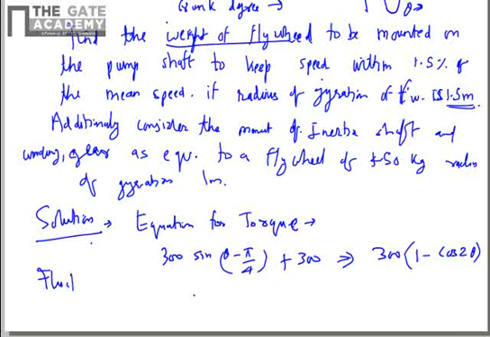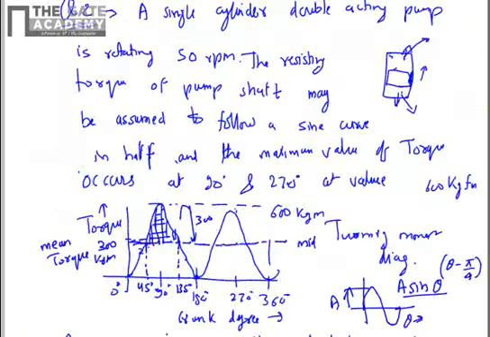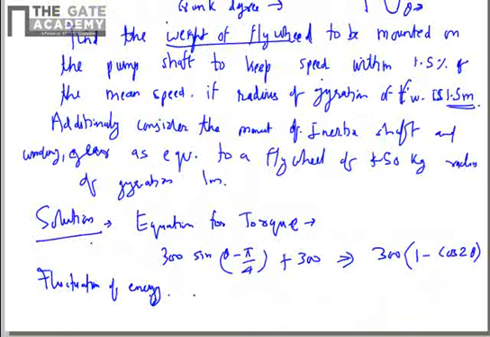Now for calculating the fluctuation of energy, we have seen that it is given by the shaded area in the above diagram. This shaded area you can get by integrating the sine curve from 45 degree to 135 degree. We have the equation for torque, and we have to subtract the mean value, 300, out of that.